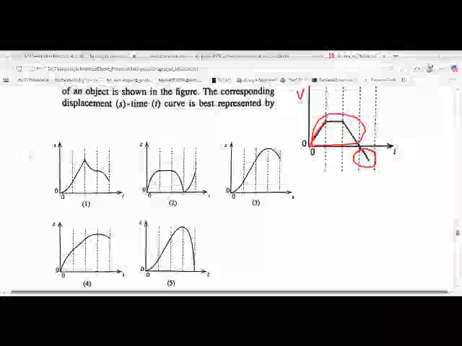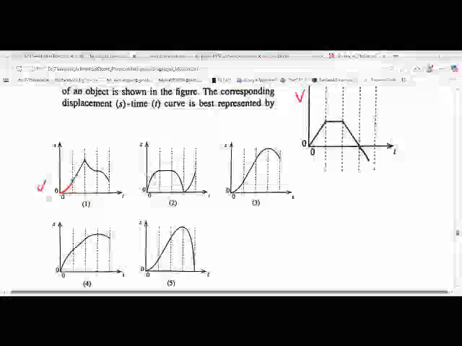Okay, velocity. Then if you consider the first period, it should be acceleration. Then here, you can see the inclination is increasing. This is correct. Okay, this one.